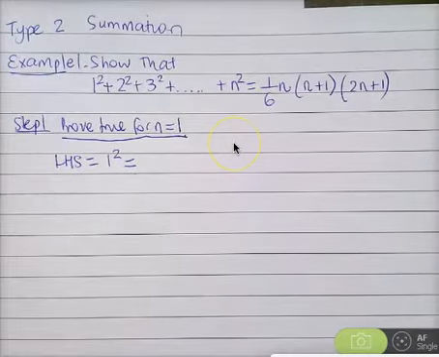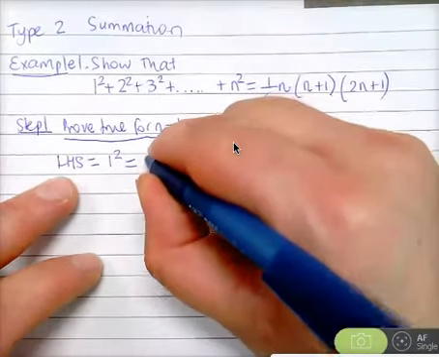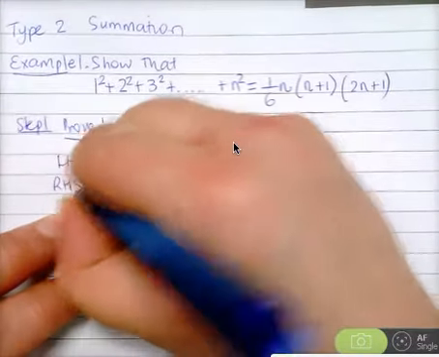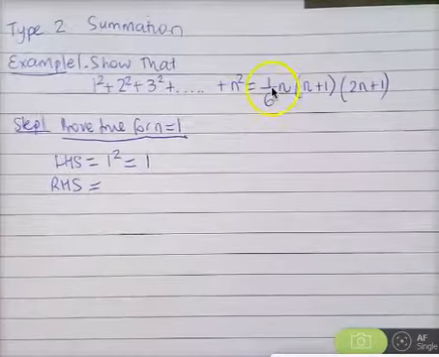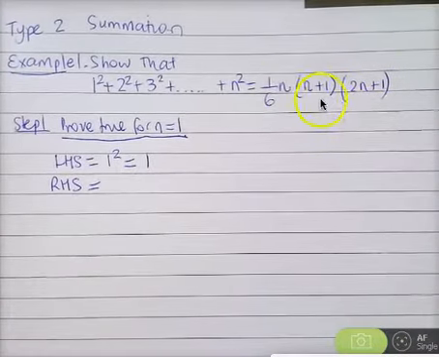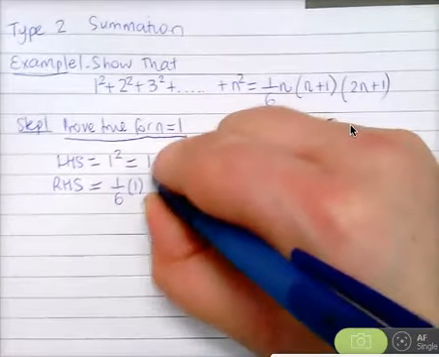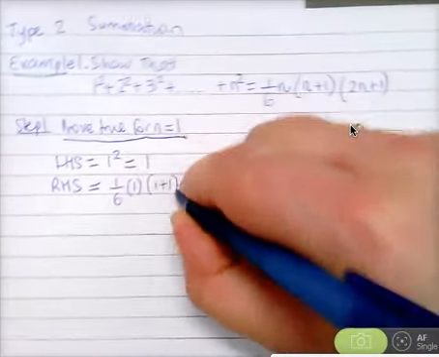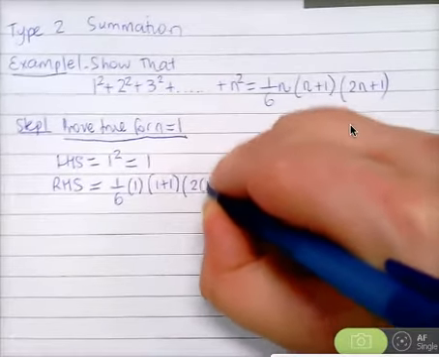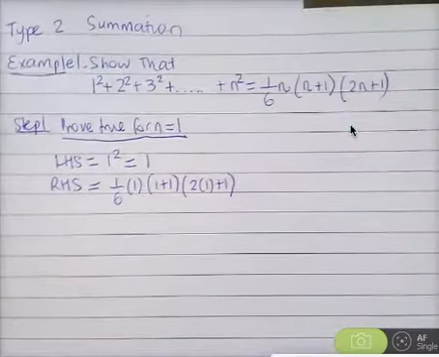So left-hand side, 1 squared is 1. Right-hand side, substitute n is 1 into this expression: 1/6 times 1 times (1 plus 1) times (2 times 1 plus 1). Are we okay with that?